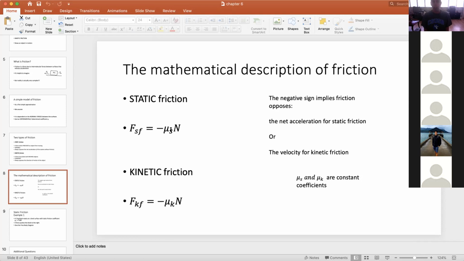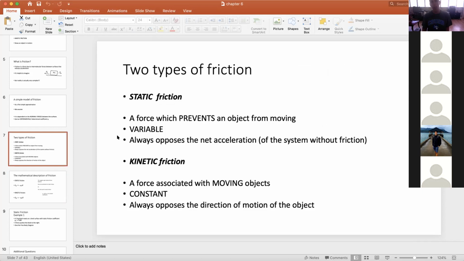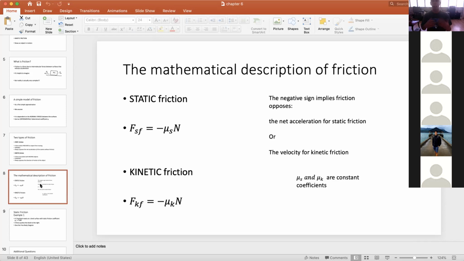We have to apply a negative sign. And the negative sign is because we said that the static friction always opposes the acceleration, and the kinetic friction always opposes the direction of motion. So therefore, it's always negative. We're just going to throw a negative sign on there. That's going to get us in a little bit of trouble because when we draw a free body diagram, what does negative mean?